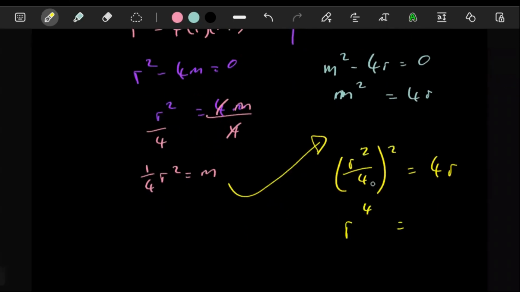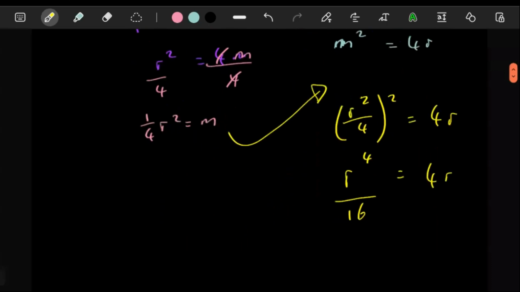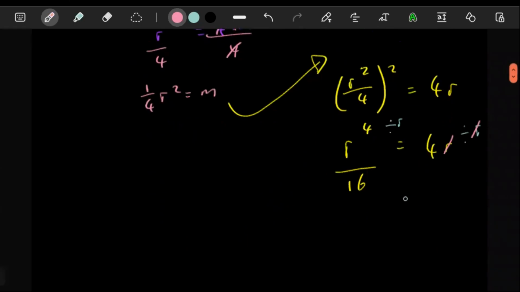This is going to be r to the power 4 over 16, since 4 squared is 16. Now we're solving for r, so you could just divide both sides by r. Divide both sides by r, technically this r goes away, and then here you have r to the power 4 with 16 here. R will be at the bottom since you're dividing by r.